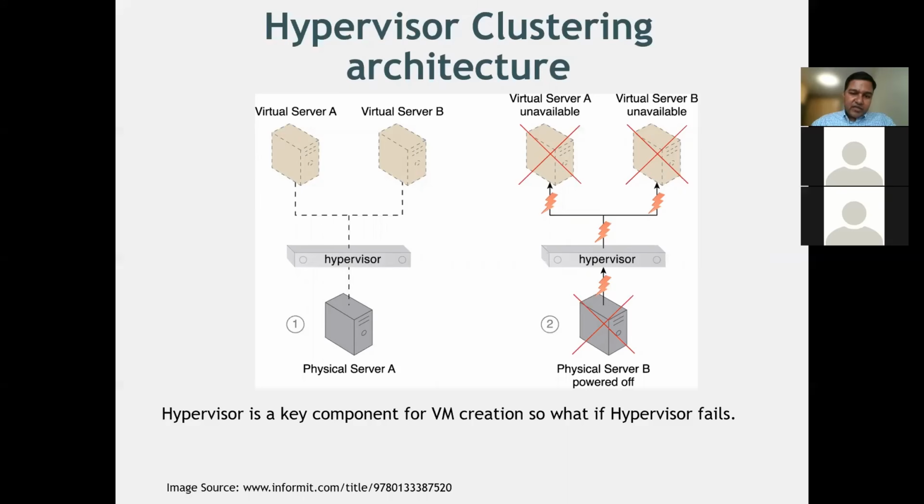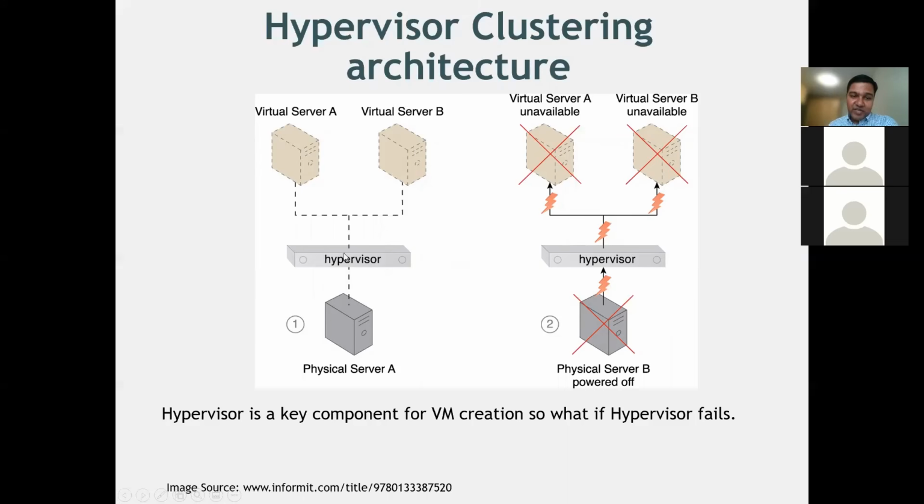For cloud computing architecture purposes, let's say we have a physical server and we put a hypervisor on it. This hypervisor helps us create the virtual machine, which we call a virtual server. Now, this is an integral part of the cloud.